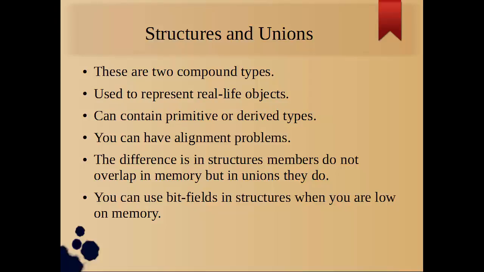At a certain point of time, you may not want an entire byte. You may want 1 bit or 2 bits or 3 bits. At that point of time, there is something called bit fields which are very useful and can be done only by structures. This is particularly useful for those types of systems which have less memory, like embedded systems.